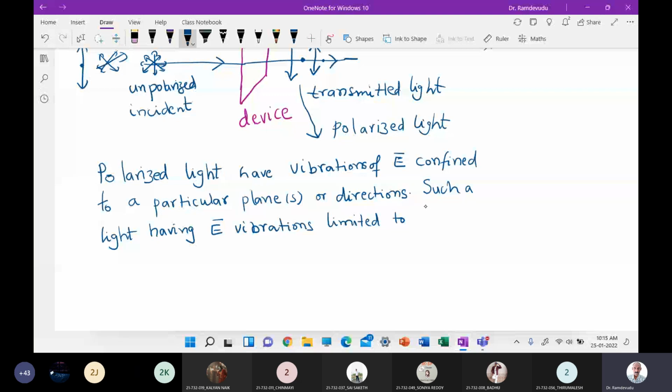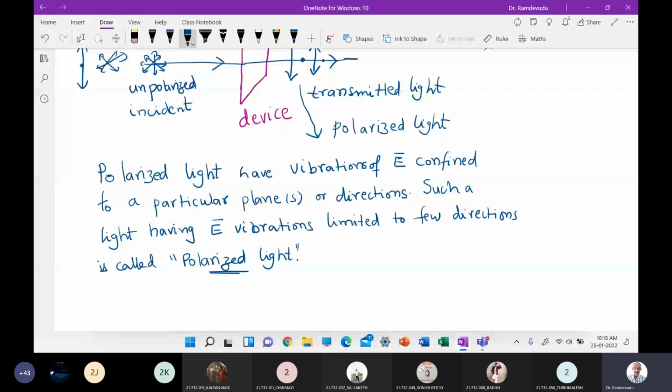We call it polarized light. This is important. But how many directions are available, or passed through or transmitted by the device?